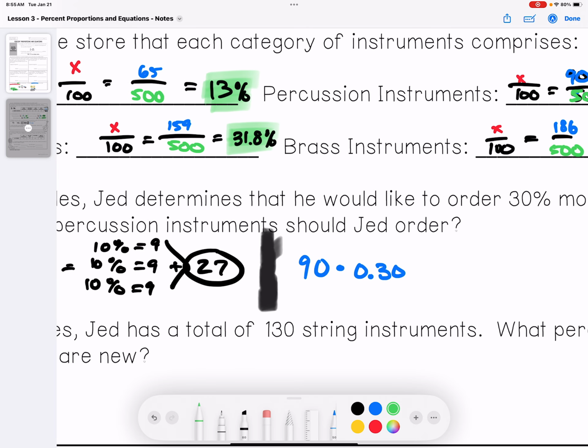What are you going to get when you go 90 times 0.3? You're going to get 27. This means 90, which is the whole, times 30%, which is going to tell you what 30% is.